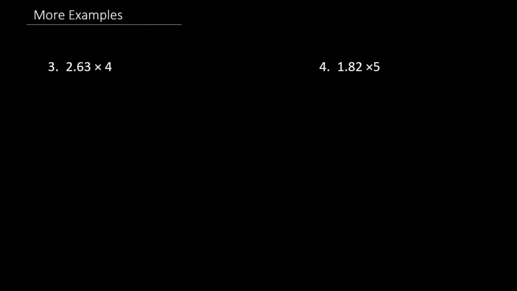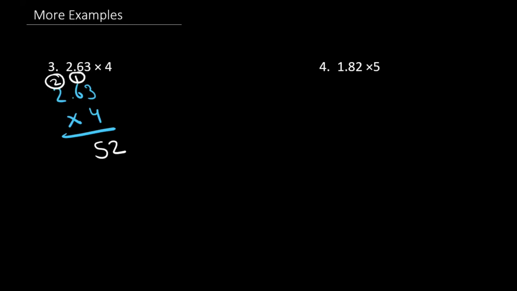And let's do the third question. The third question says 2.63 times 4. You just write that down. 4 times 3 is 12. 4 times 6 is 24, plus 1 is 25.